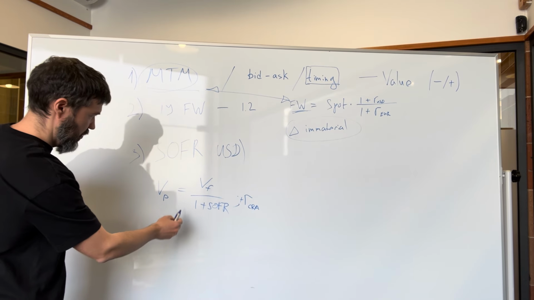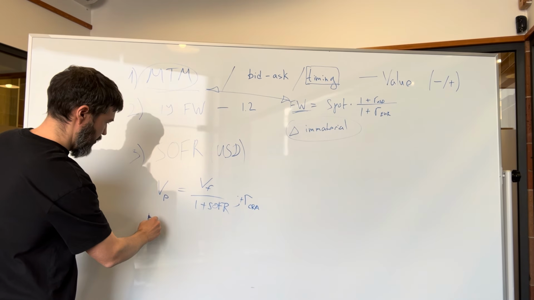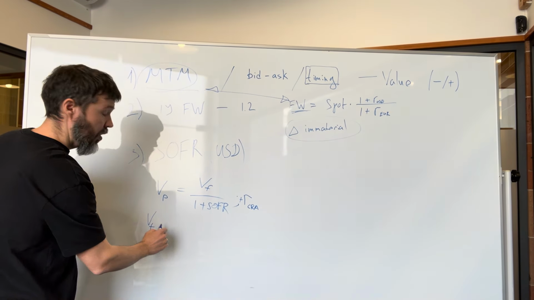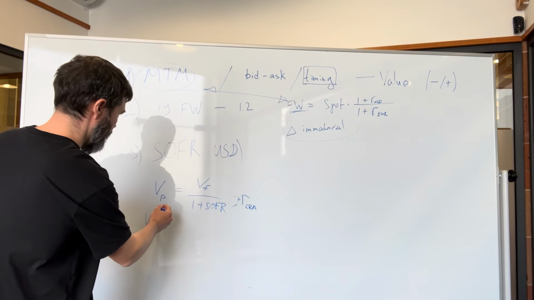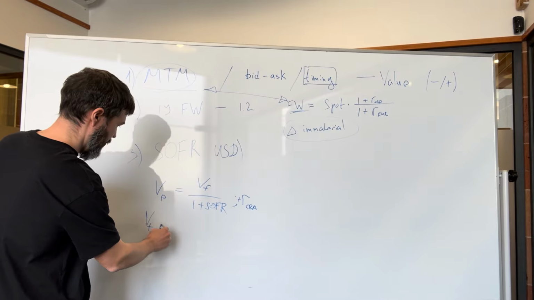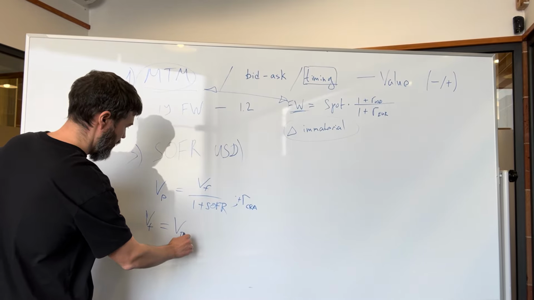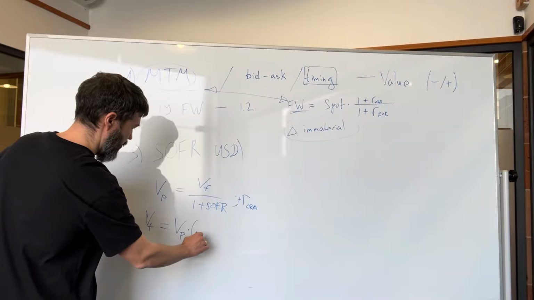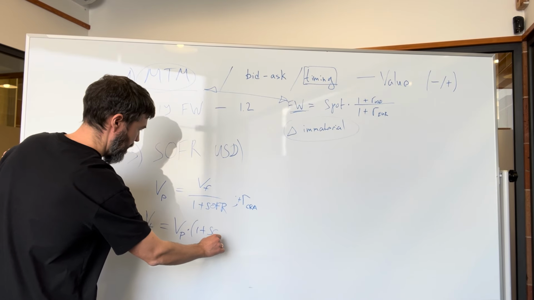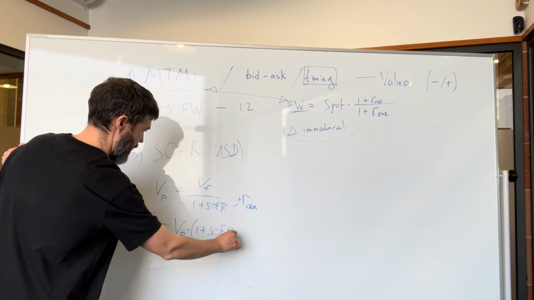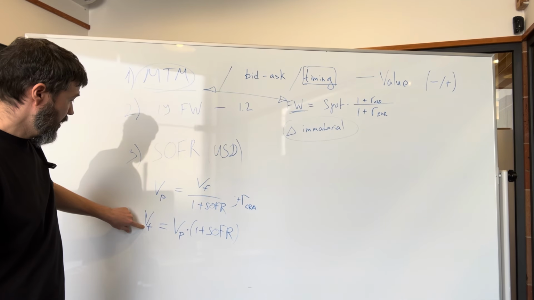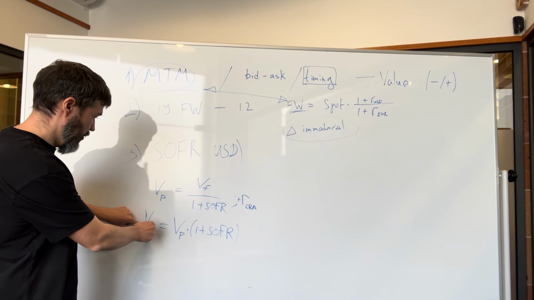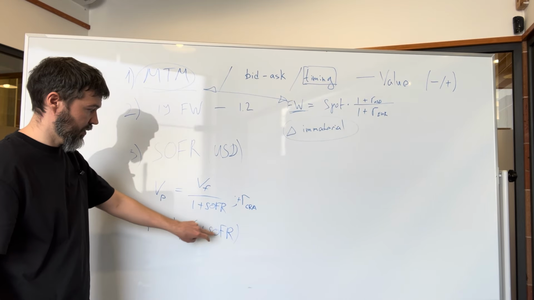It's easy to do. Your future value might be calculated as your present value multiplied by 1 plus SOFR. This is from your mark-to-market report. So from the mark-to-market report, you can obtain the future value by multiplying present value by 1 plus SOFR.